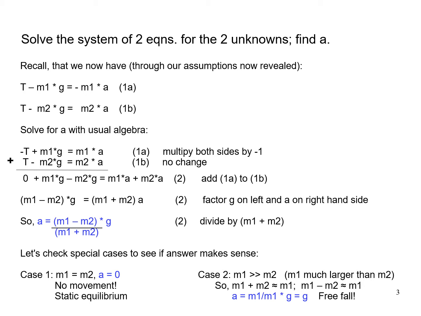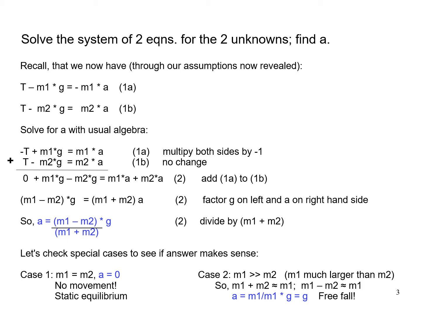However, I'm going to use a technique whereby we add the equations together and then solve for the desired variable. This technique is useful when it is clear that one or more of the unknowns will cancel. Now, by multiplying equation 1a by -1 on both sides, we see that the left side of equation 1a contains a negative T, and the left side of equation 1b contains a positive T. By adding these equations together, the T's disappear, and we have a single equation which we can solve for a.